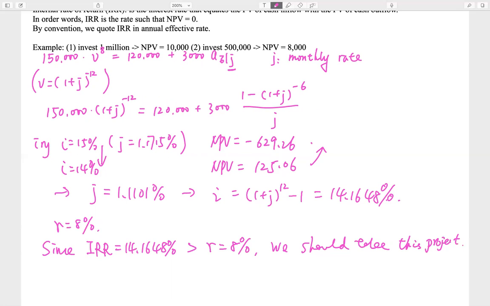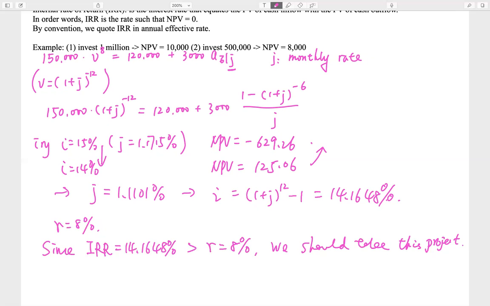So from the end of this example, I'm sure you can understand why we introduce IRR and why IRR is important, and it's a very easy, effective measurement. All we need to do is compare the IRR of a project to the cost of capital available to us, the best one available to us, because we can invest all our money in something we already know at the return of 8%.